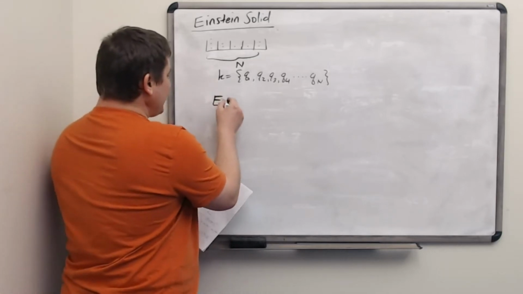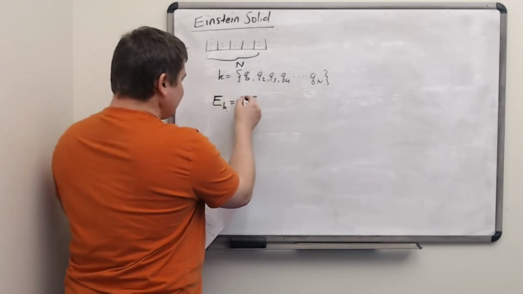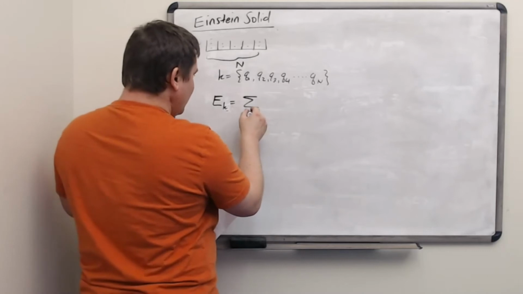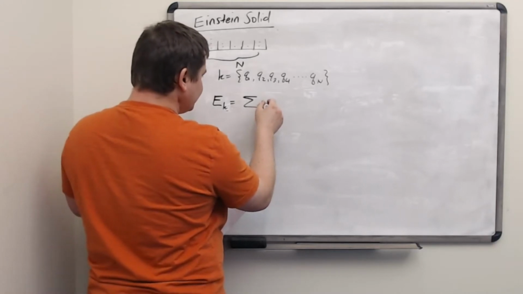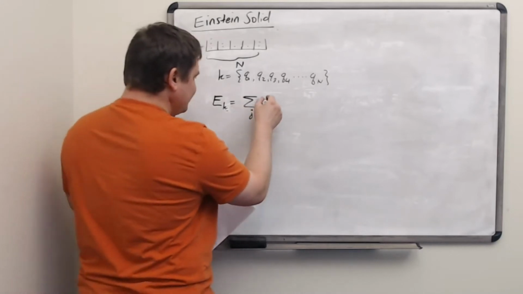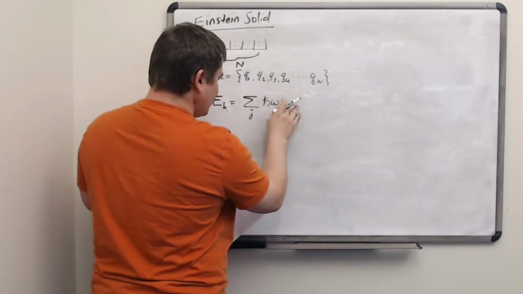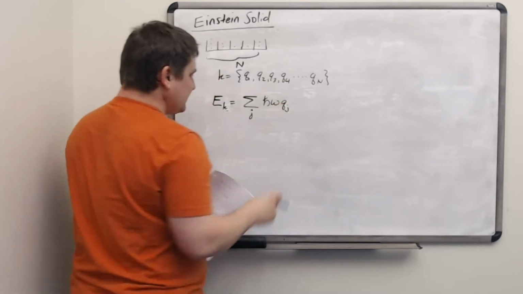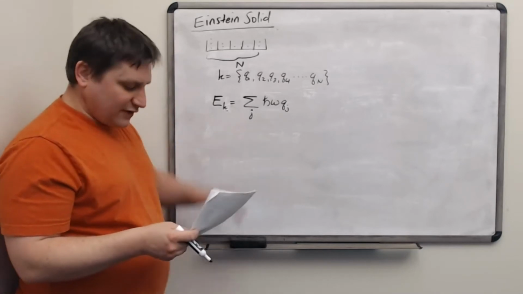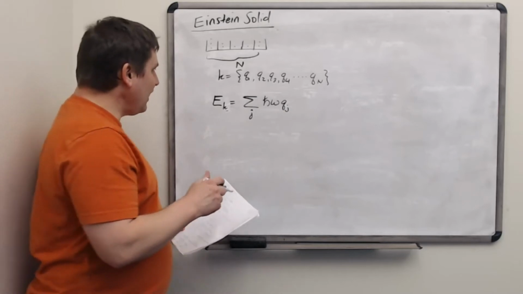All right, once we do that, our energy of that state is equal to the sum of all the q values. So we'll say this is over oscillator J. So h bar omega is our energy unit, and we sum over the quanta present in each oscillator.